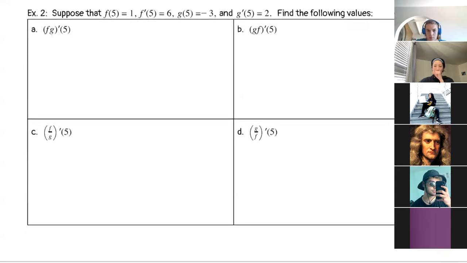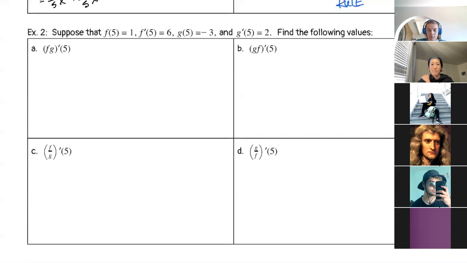Let's take a look at question number 2 over here. I'll give you a moment to read it for yourself, and then what we're going to focus on to start is just part A and part B. So read through the question, and what I'm hoping we can get a few ideas on is what question A and B are asking, and being able to convey that in words.